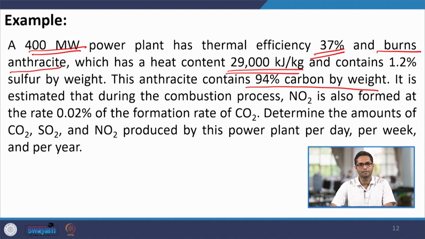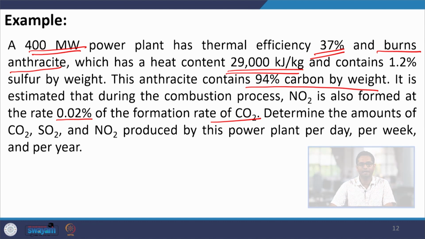would be somewhat lesser. And then it is also estimated that the NO2 formation is at the rate of around 0.02% of the formation of CO2. Now, given these assumptions, let us try to estimate the amount of CO2, SO2 and NO2 that would be released by this typical power plant in one day, 1 week and 1 year.